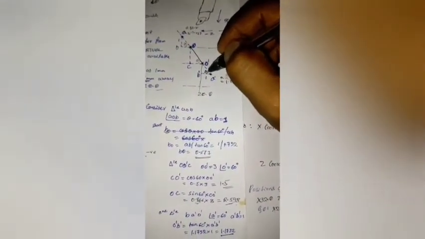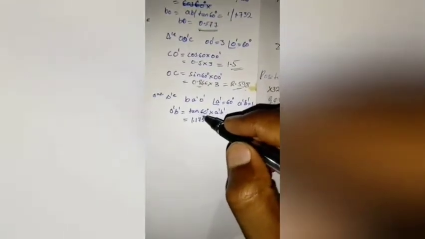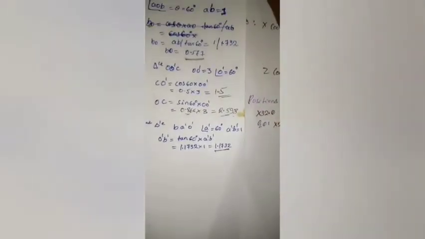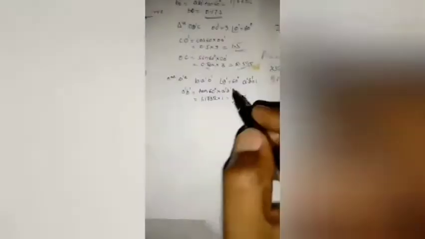This hypotenuse value I do not know. I know only this value and the theta, so I can use tan 60. Tan 60 multiplied by A dash B dash, which is already known. The value of A dash B dash is 1 mm.